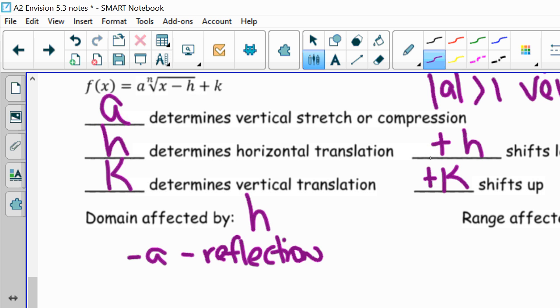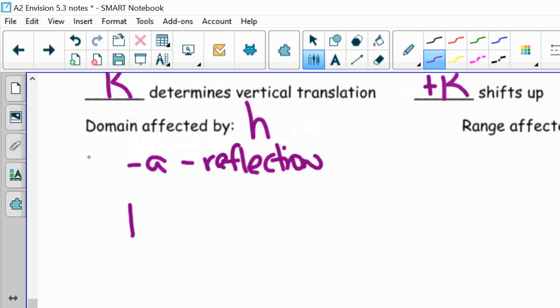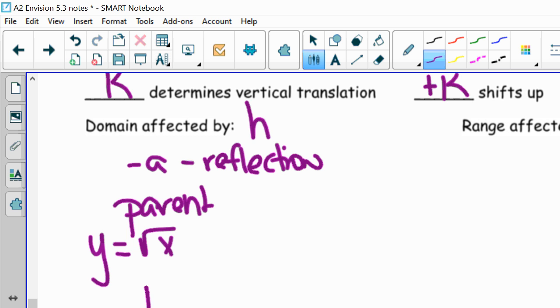Okay? So let's talk about what our parent functions are going to be. So let's list our parent functions here. So again, we're just dealing with the square root and the cube root. So if we look at the parent function, y equals the square root of x, the xy table that we will always use will be 0, 1, 4, 9. Square root of 0 is 0, square root of 1 is 1, square root of 4 is 2, square root of 9, 3.